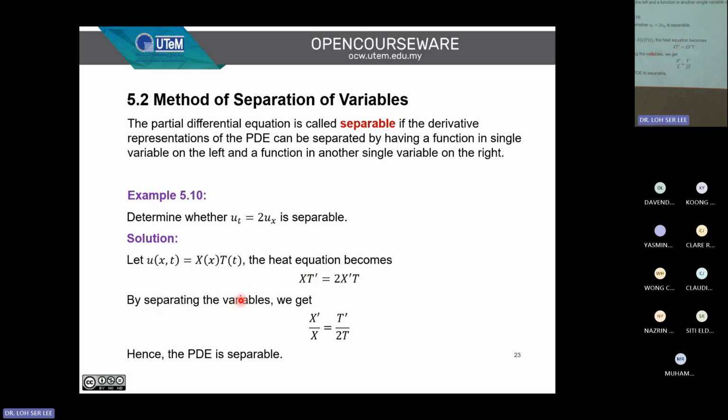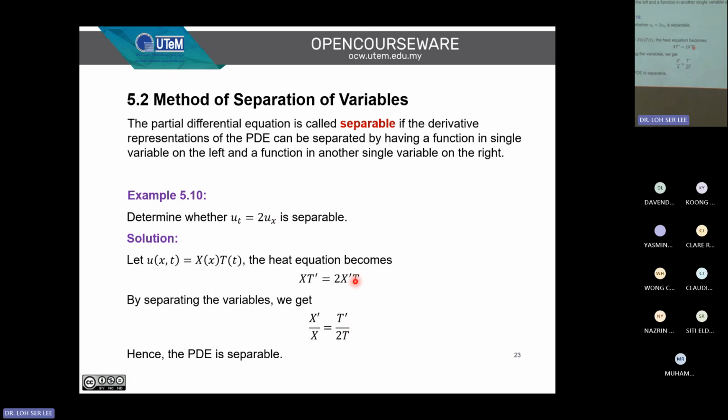Then by separating the variables, we can get this. This is similar to the chapter 1 separable equations, where we can totally separate the x and t. One is X on the left, another one is T on the right.